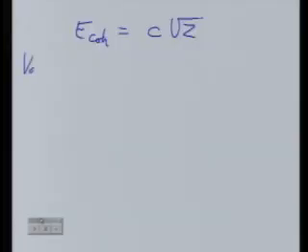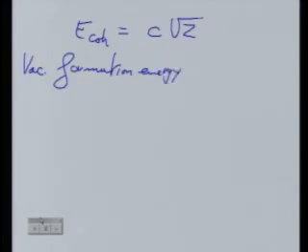If you said that the cohesive energy was some constant times the square root of the coordination. Okay. So rather than linear in the coordination, which is what we would get in pair potentials, let's calculate the vacancy formation energy in this model, for FCC. In FCC, Z is 12. The vacancy formation energy, what would it be?